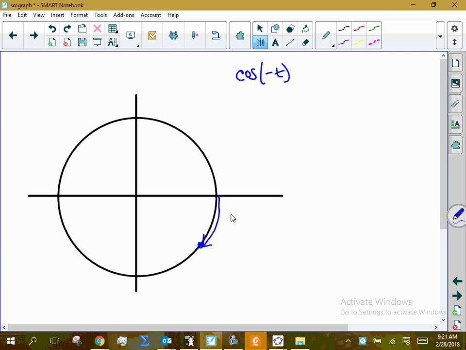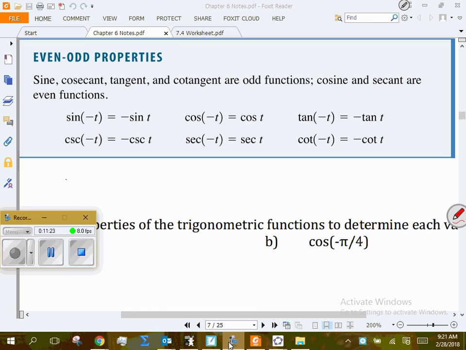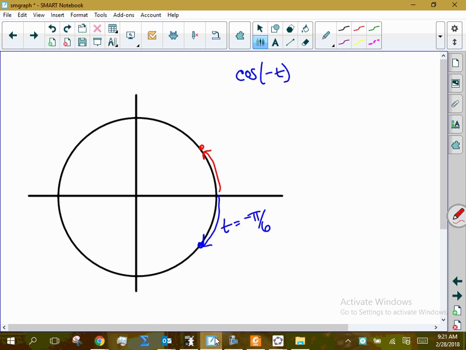Maybe that point right there, let's say that would be t equals negative pi over 6. And that would be t equals pi over 6, right?